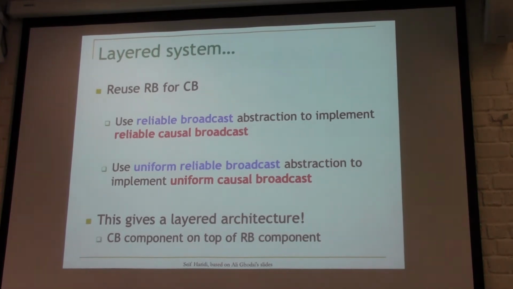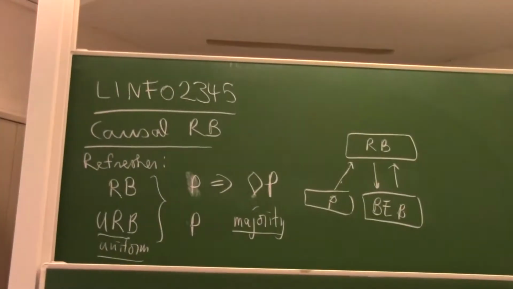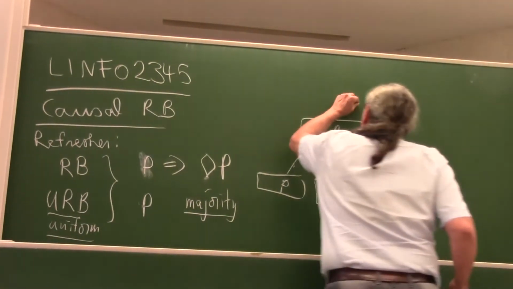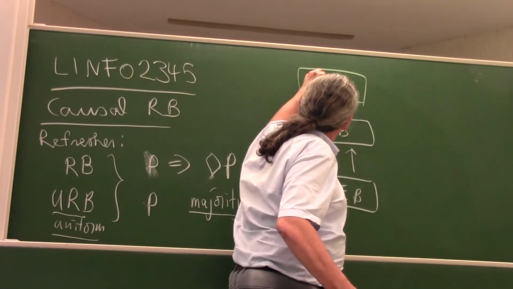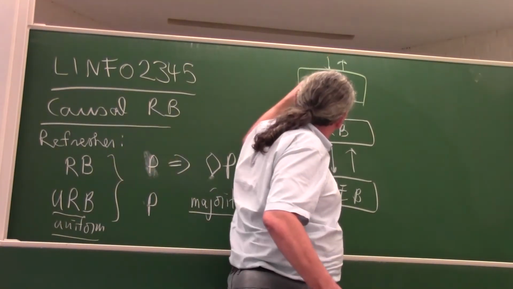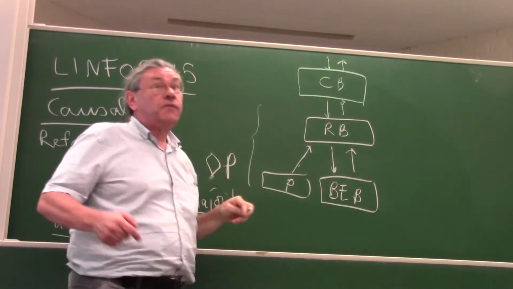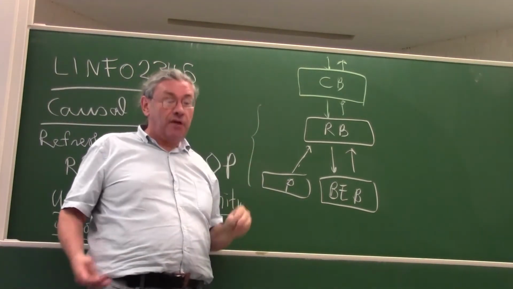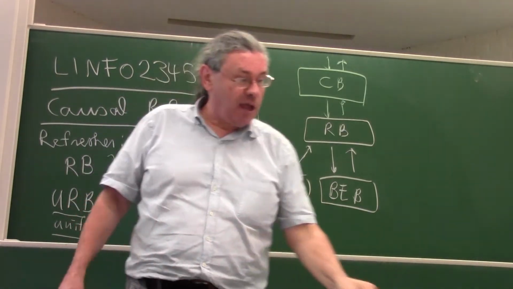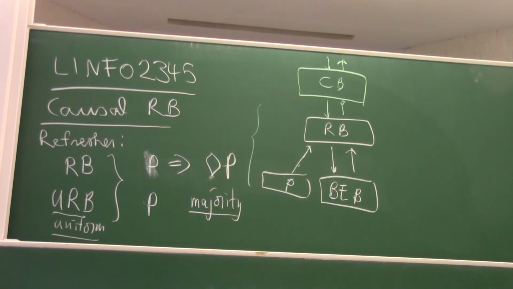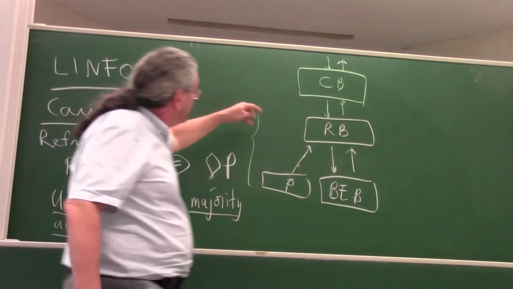What we're going to do this week is build on top of that. So our causal broadcast is going to look like this. All this code is the same, so we're only going to write this little piece of extra code. That's a really nice way to build systems if you design the specs right.